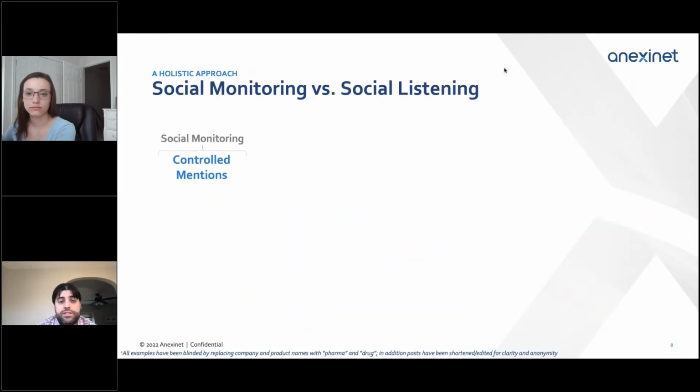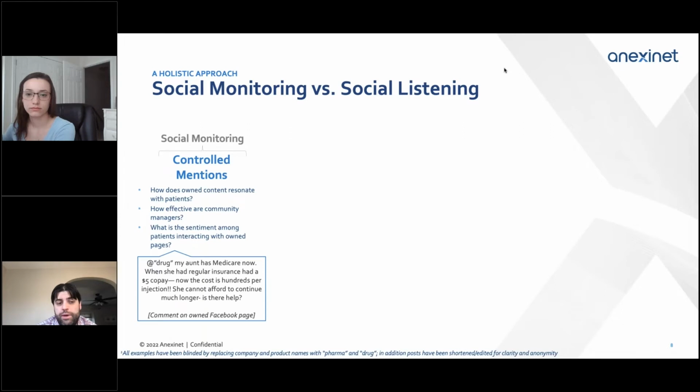So additionally, when we look at social listening, there's a difference between social monitoring and social listening. Social monitoring, which is what many organizations do, is looking at your controlled mentions. Controlled mentions would be posts that patients or caregivers are posting on your own channel.